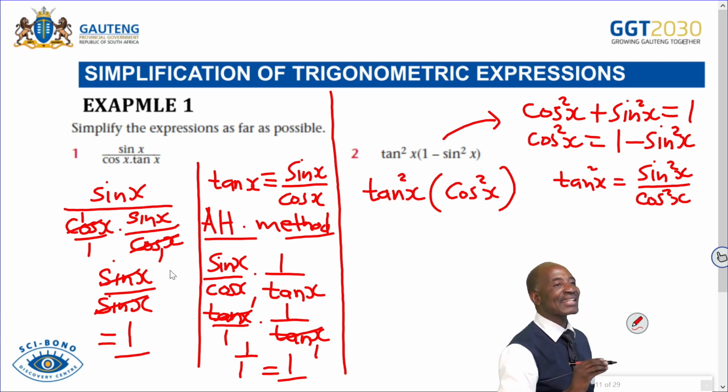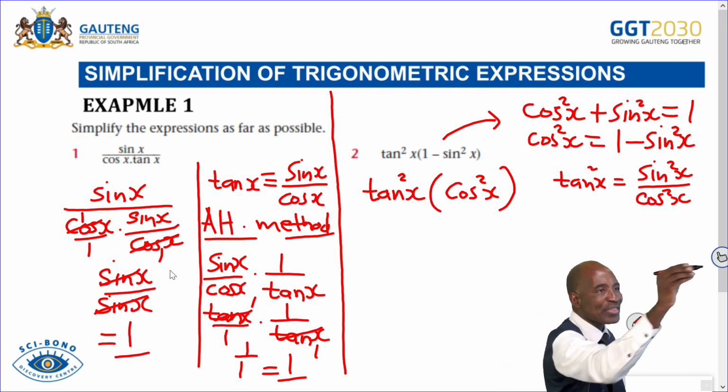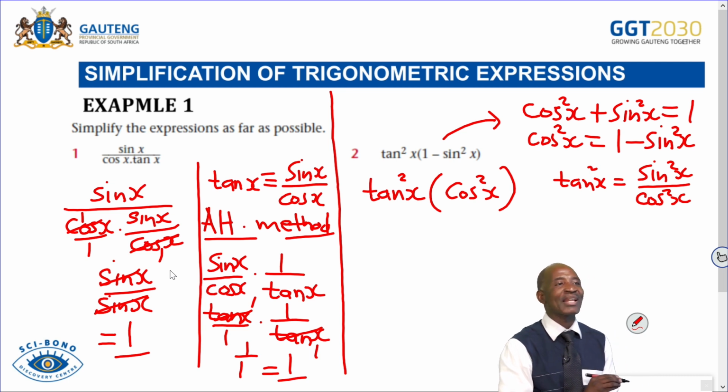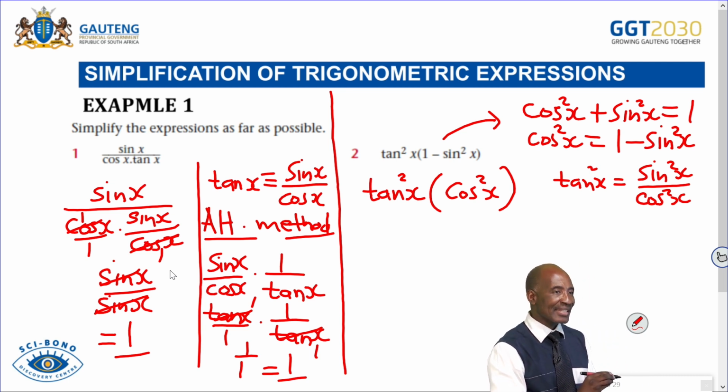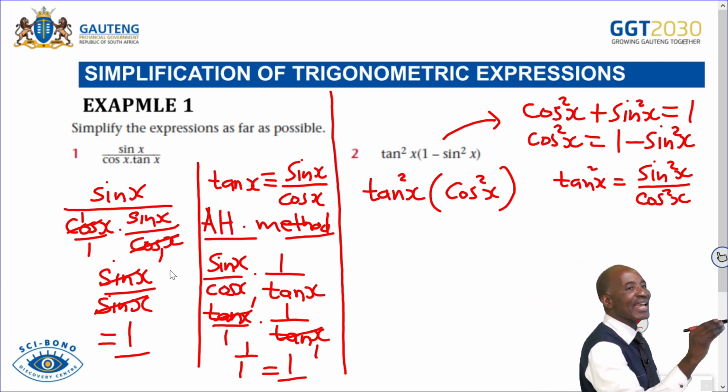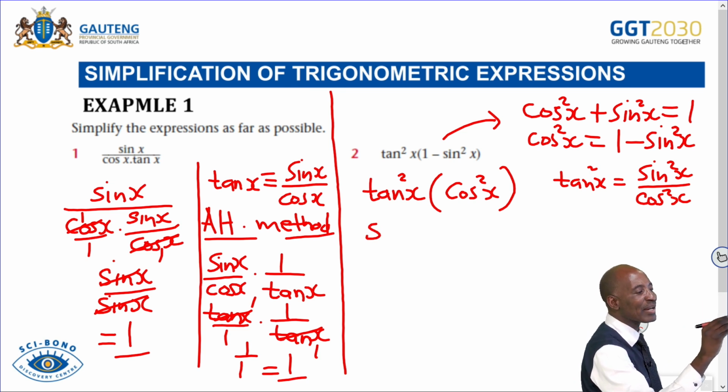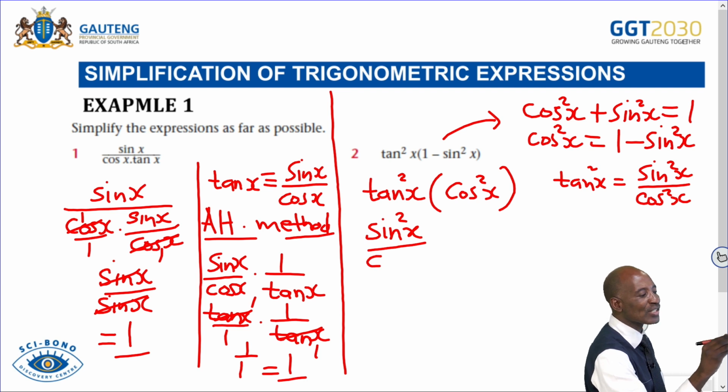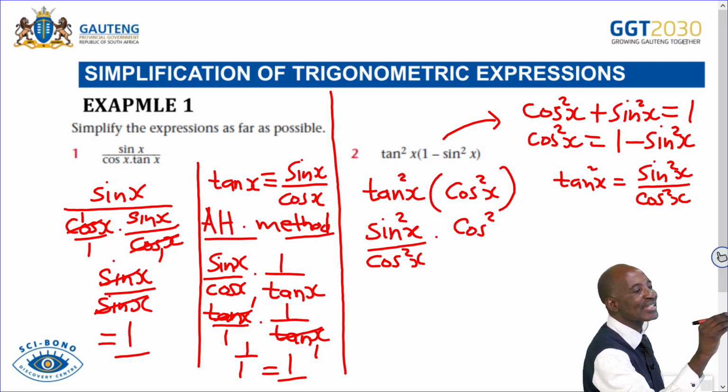But squaring the right-hand side will demand me to square both the numerator and the denominator separately in this case. So when I come here where I see tan squared, I'll replace and say sine squared x divided by cos squared x, multiplied by cos squared x.